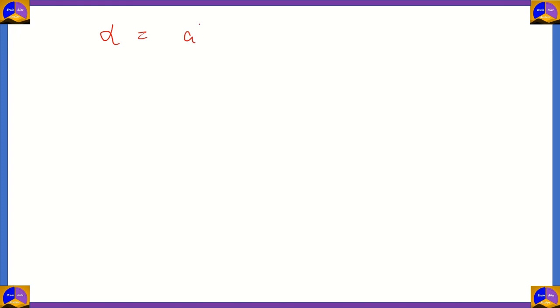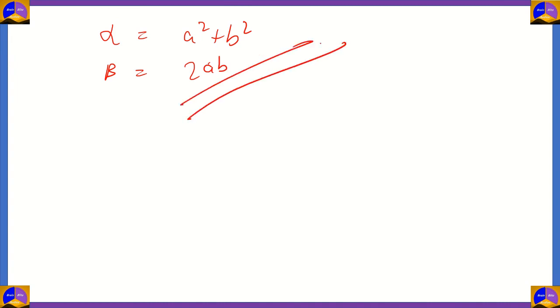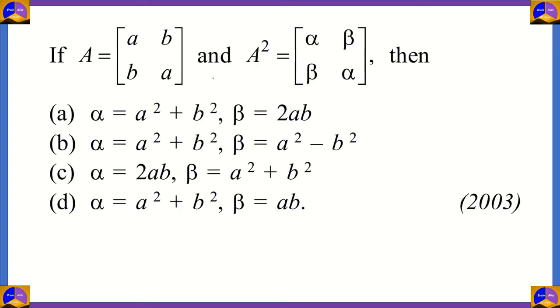So alpha equals A square plus B square, beta equals 2AB. So these two equations give us our correct answer. So option A, alpha equals A square plus B square and beta equals 2AB is the correct option.